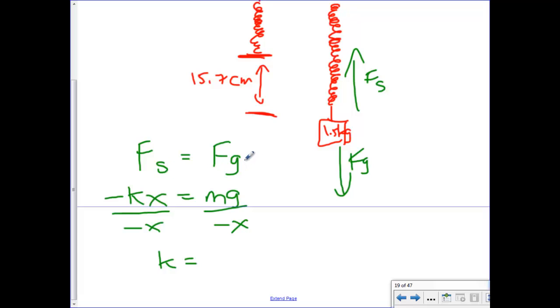Could you close the door again, Lisa? Thank you. Divide by negative x basically to get your k constant. Just be careful on all these negative signs now. Why don't we make this be the positive direction, and let's make this be the negative direction, just so we can keep track of this.